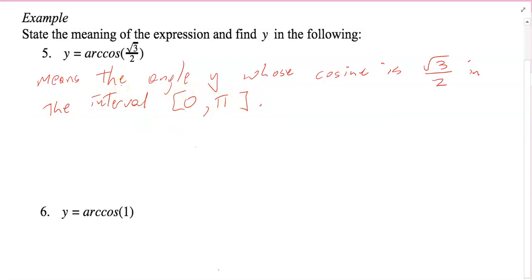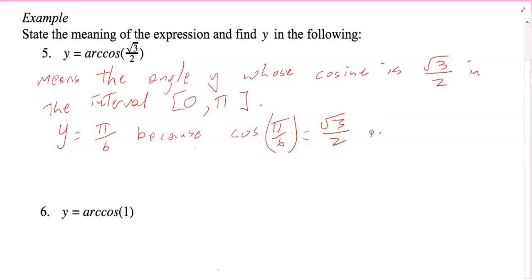Right, so which angle has a cosine of radical 3/2? In this case, the answer is y is equal to pi/6, because cosine of pi/6 equals radical 3/2 in the interval 0 to pi.